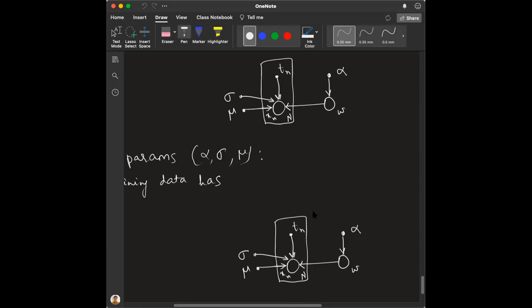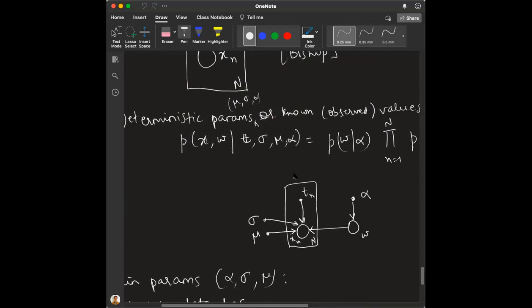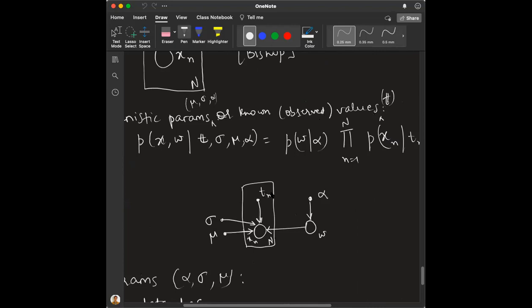Will my training data contain Tn? The answer is yes, because my Tn is anyways a known or observed value, and what I don't know is the corresponding value of xn.